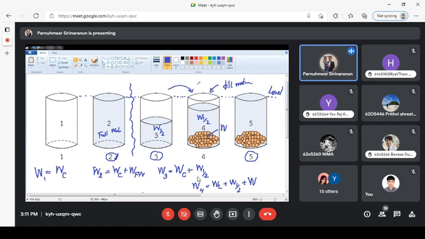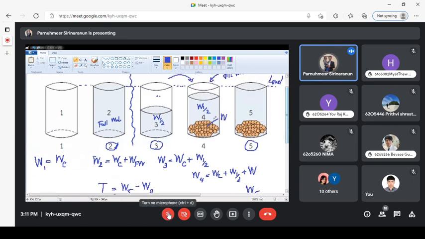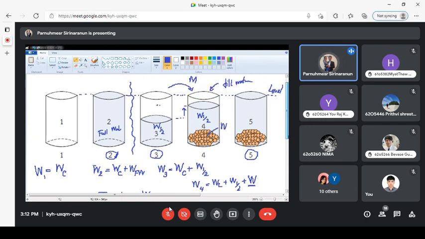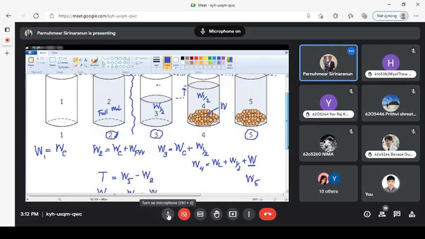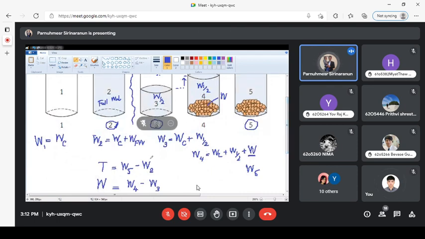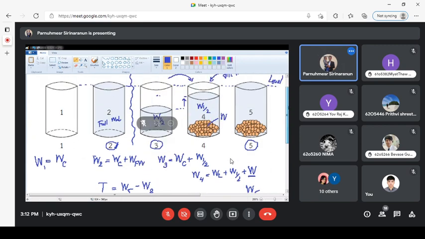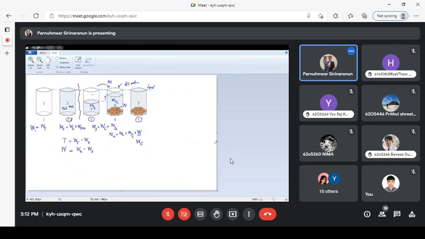After that, you put the material into this state 3 and you get state 4. You put the material into this, and the water comes up, but you have the material inside. In this container, you have the weight of the material inside. Yes or not? So when you find the difference between state 4 and state 3, what do you get? You get the weight of the material. Clear on this point? Everybody get that?